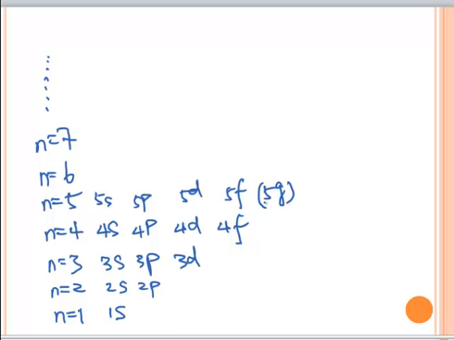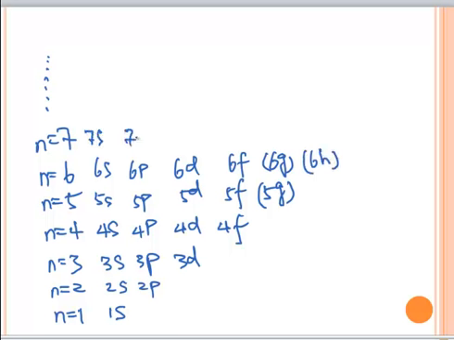Later on, you'll learn the g and later sublevels are not needed when we write the ground state electron configuration for all the elements on the periodic table. However, they are all there. They are ready to take electrons if needed. 6s, 6p, 6d, 6f, 6g, 6h, then 7s, 7p, 7d, 7f, 7g, 7h, 7i.